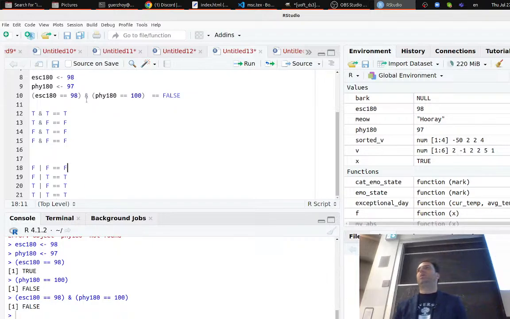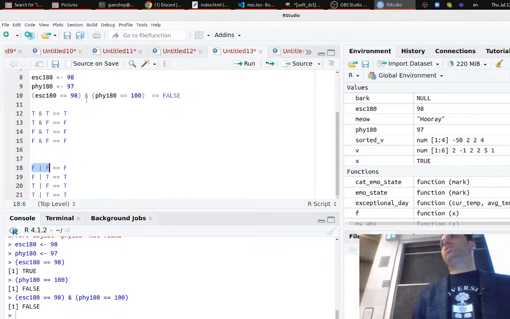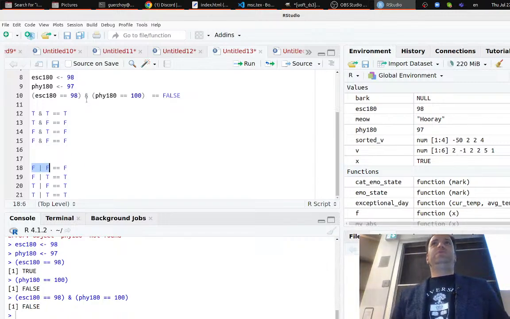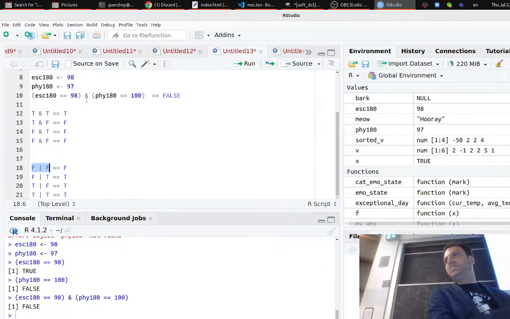And again, if you think about it in English, if you say, I'll get an A plus in ESC 180 or in Physics 180, then if you didn't get an A plus in either, that's a false statement. But if you got an A plus in one of them or both of them, then it's true. There is a little bit of a disagreement between English and coding for this.